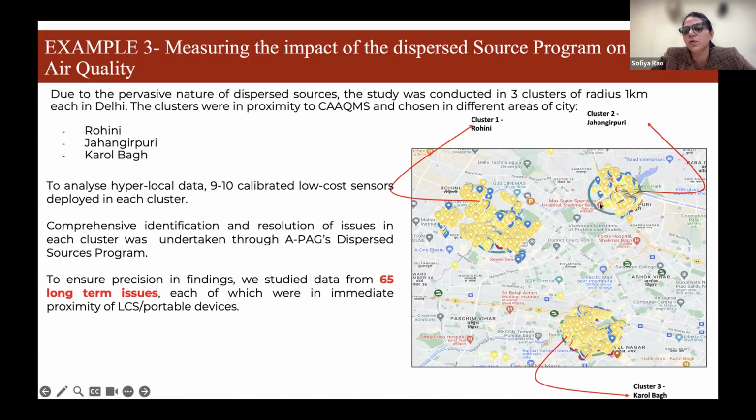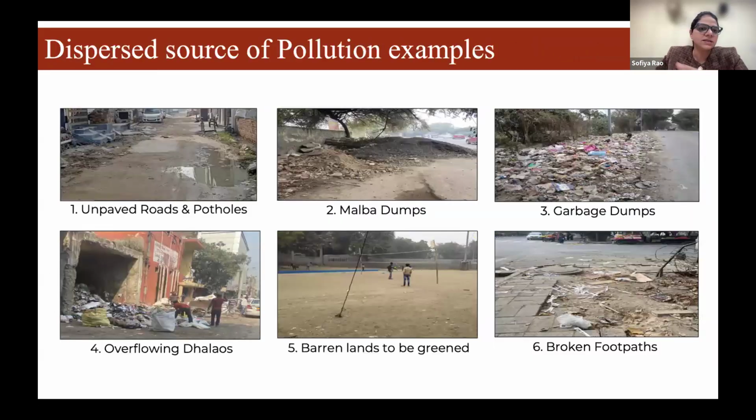We created a network of 10 Locus sensors in this area, and then captured the PM concentration pre, during, and post when the intervention is resolved. And we made sure that the area we chose was hardly a kilometer away from the CAQM monitoring station.